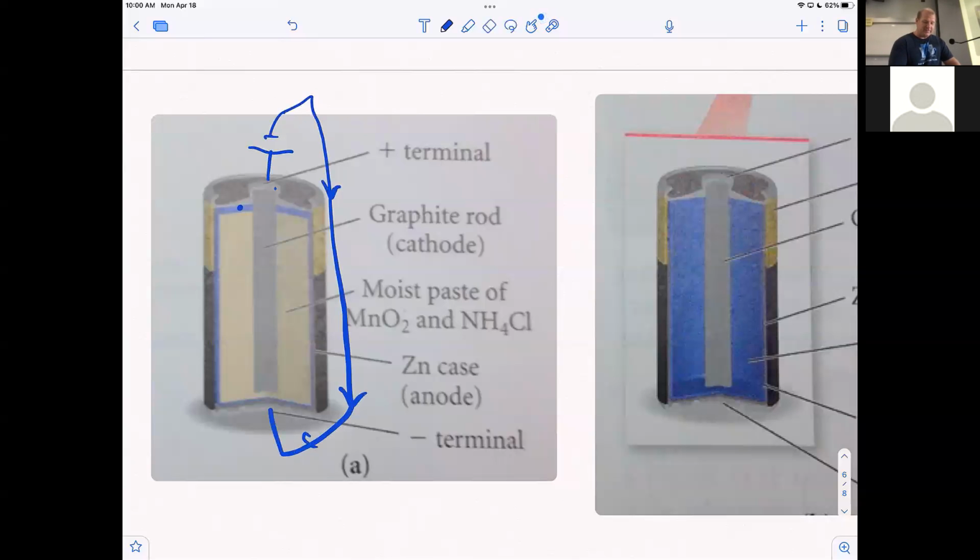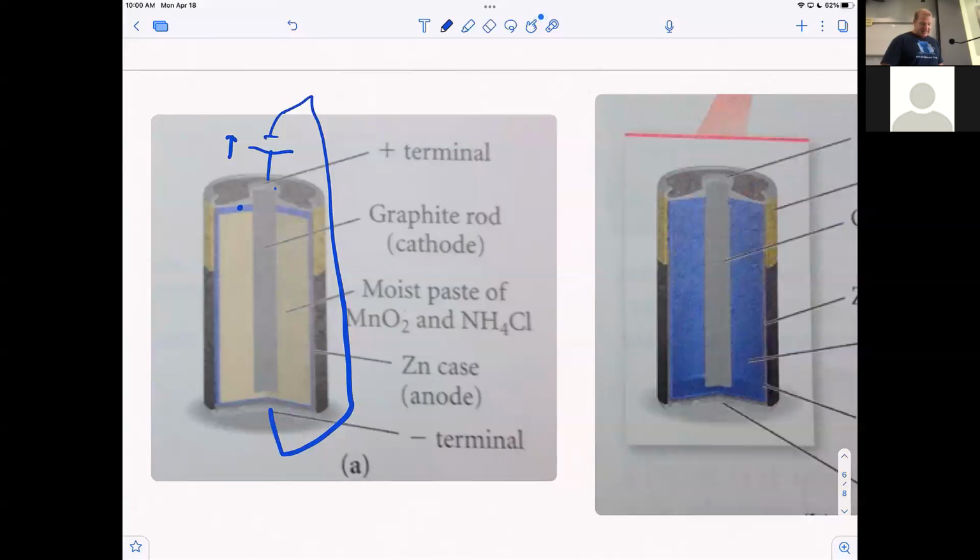Of course, as you know, that's wrong. It's really the electrons that flow this direction. But the current flow goes from positive to negative, so I guess the current flow is going to be that direction for electronic diagrams. But like I said, as we know, they're wrong.